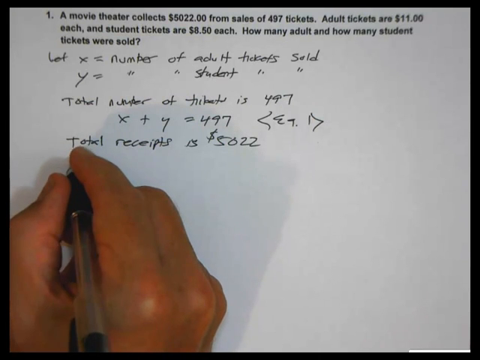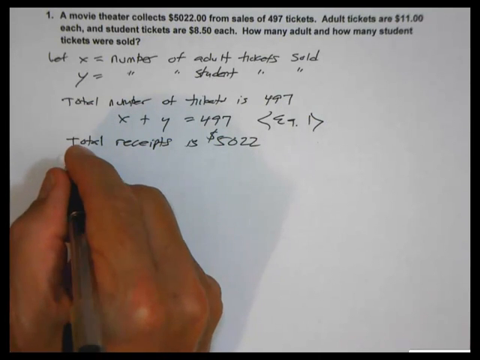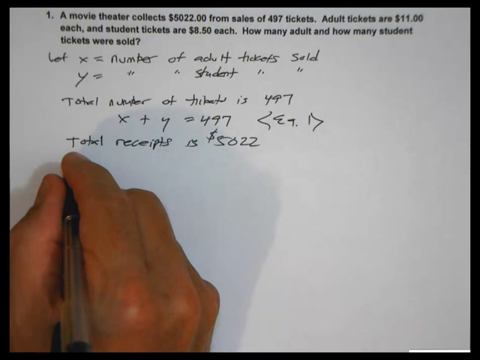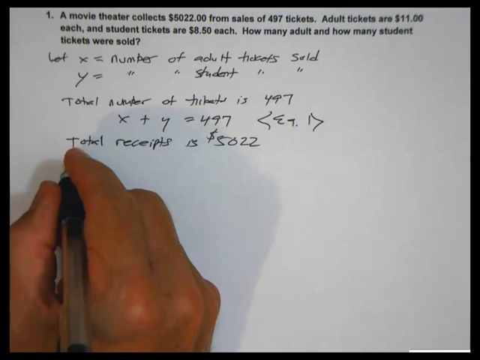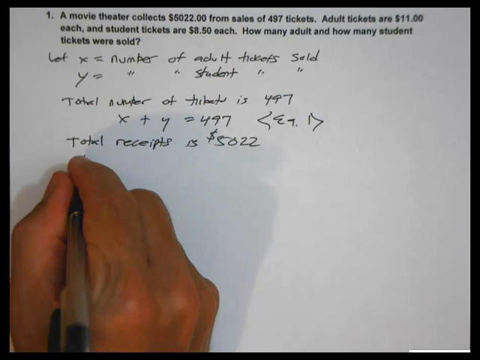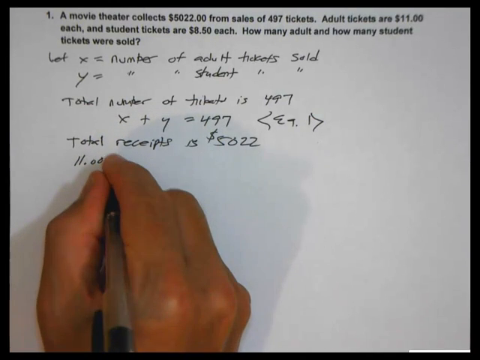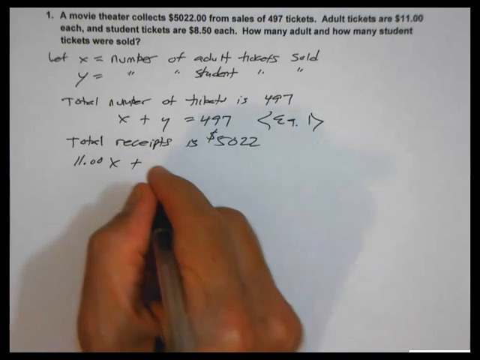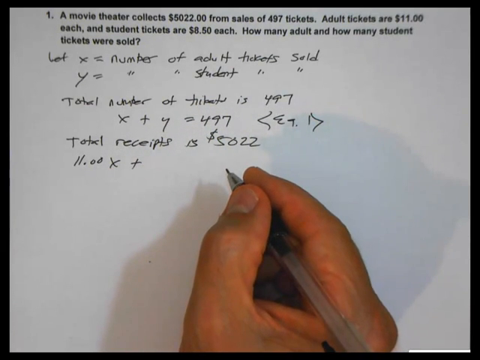Okay, let's translate that. For the adult ticket receipts, we would take the number of adult tickets and multiply it by the $11 per ticket price. So this would be 11.00 x adult receipts plus now student ticket receipts.